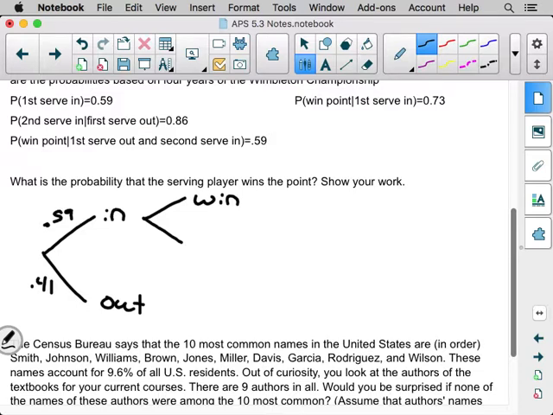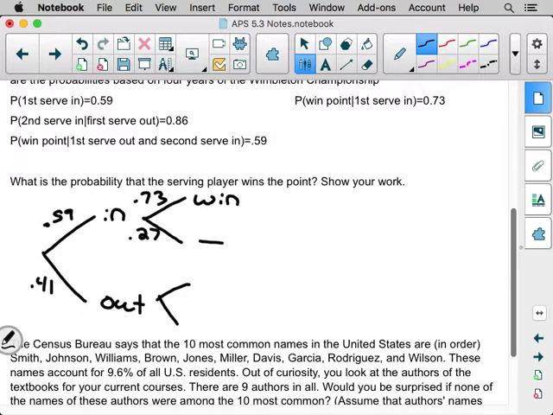Tennis, yeah? Okay. So if it's 0.73, that if it goes in, they get the point. What's the probability it goes in, but they don't end up getting that point? 0.27. Beautiful.